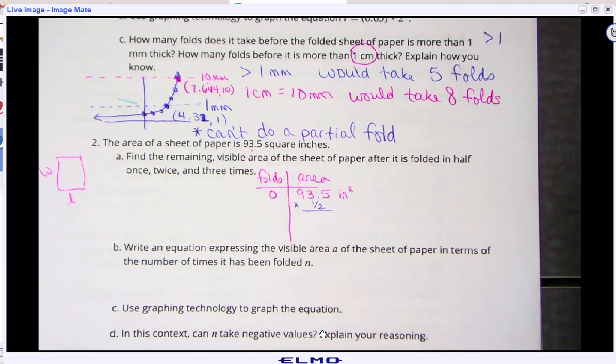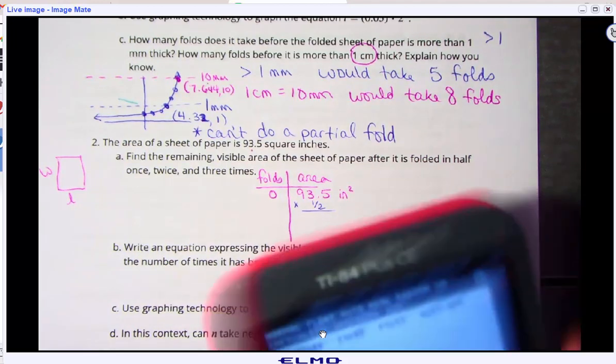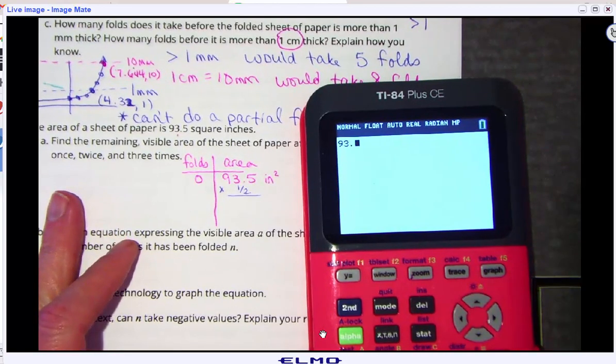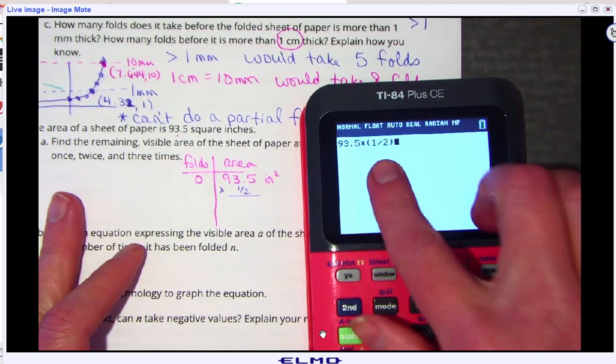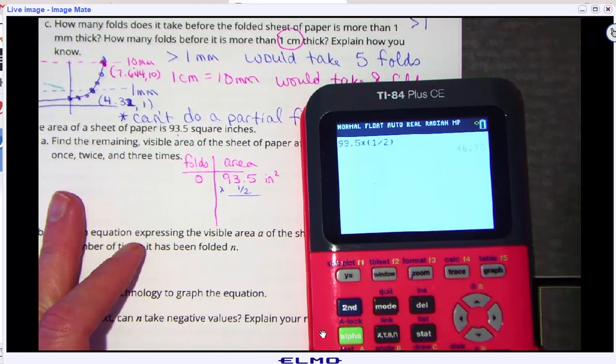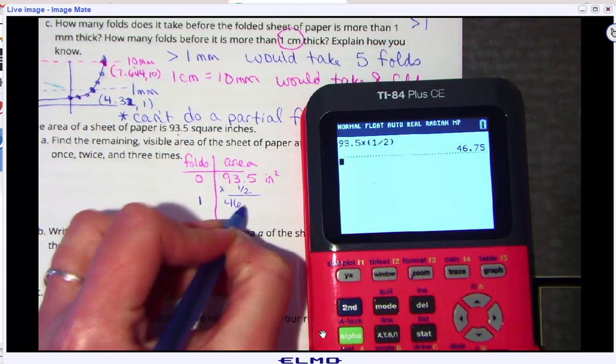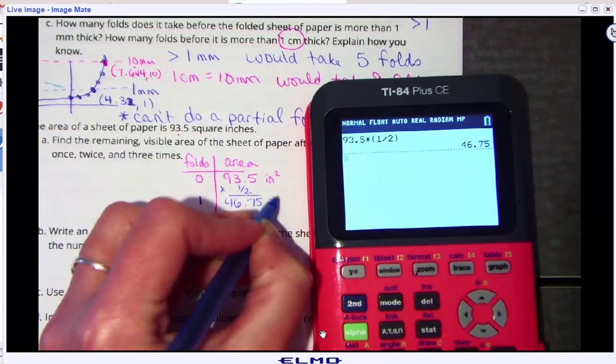Because our folded area, when it cuts in half, we see half as much of that paper. So now I am going to go to my calculator. 93.5 times 1/2. That's how we would put that as a fraction on our calculator. And after 1 fold, it would be 46.75 square inches.